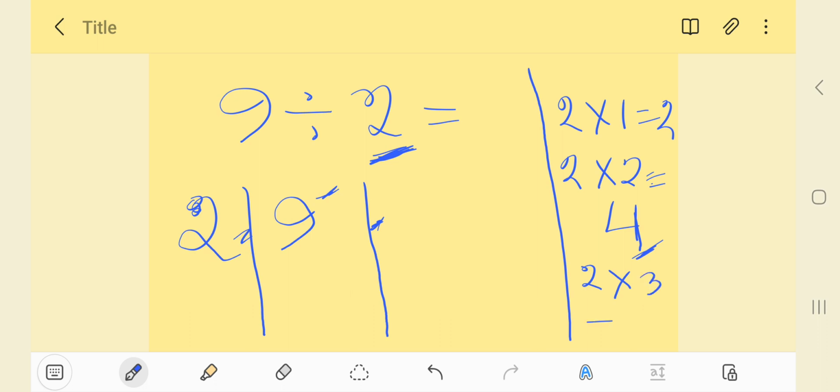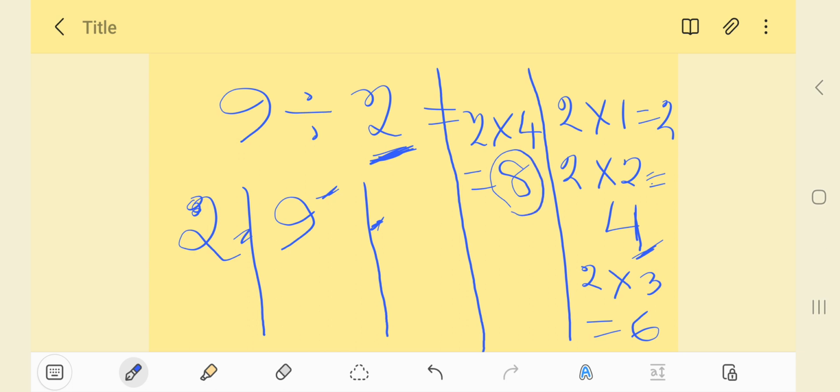2 times 3, we know that it is 6, and if we try more, 2 times 4 equals 8, which is still smaller than this 9.